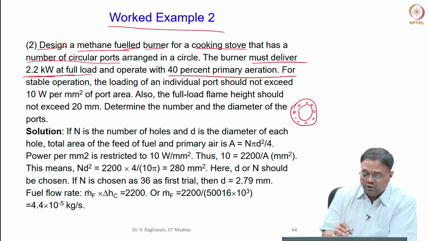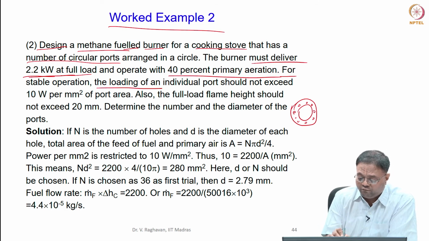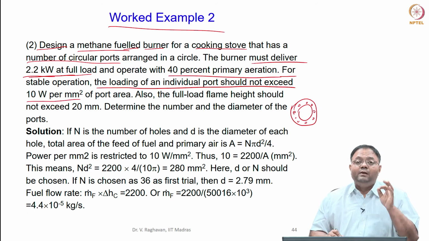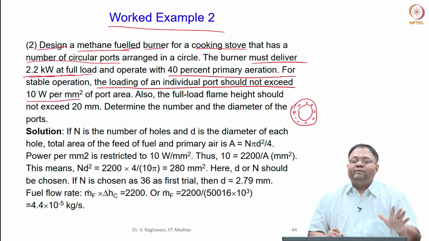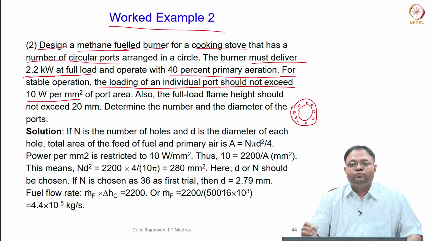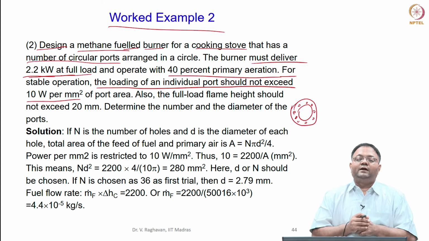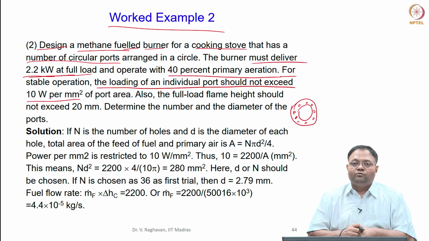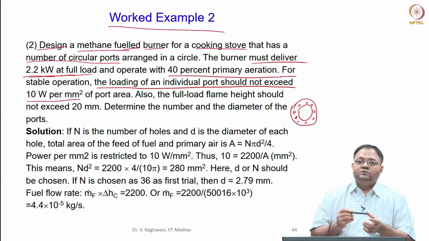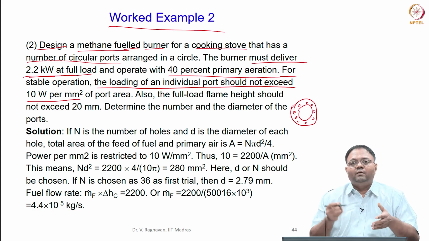Second is, for stable operation the loading of an individual port should not exceed 10 watt per millimeter square. The total power is 2.2 kilowatts when you take all the holes into consideration. Divided by the total area of cross section, that will be the power per area.